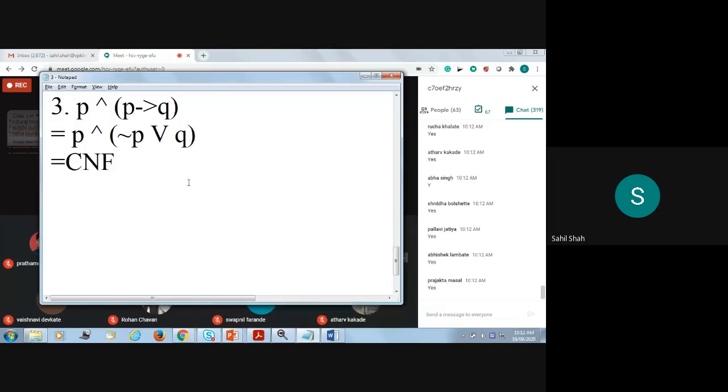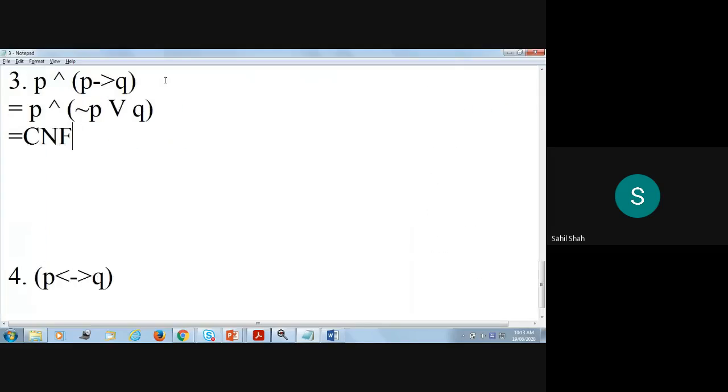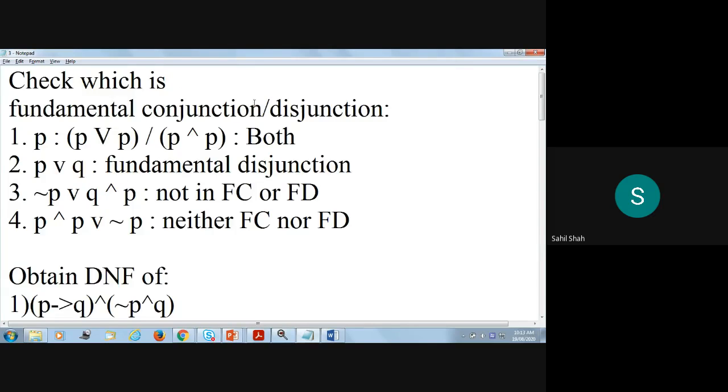Now I will show you this entire notepad file. You can take a snapshot and try to solve all these examples as a homework, not an assignment. And in case you face any problems, you can contact me through the personal chat on WhatsApp. So take a snapshot of all these.